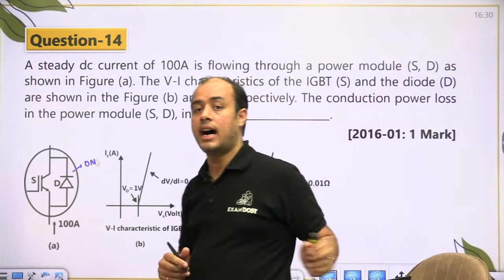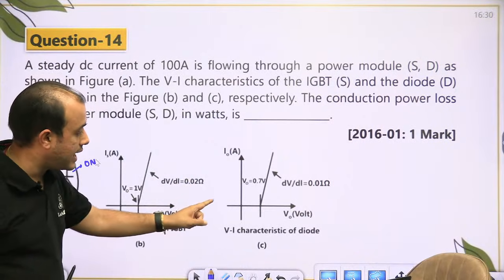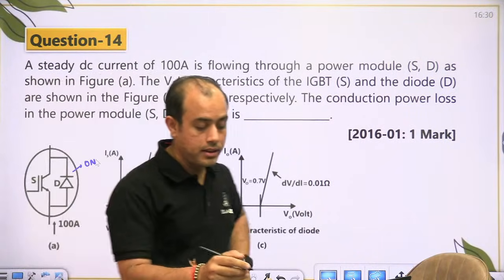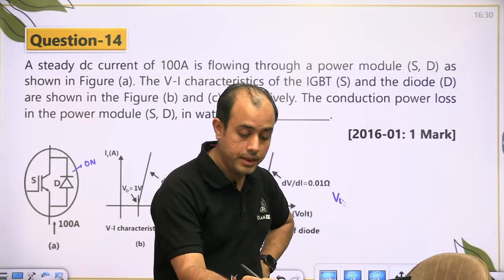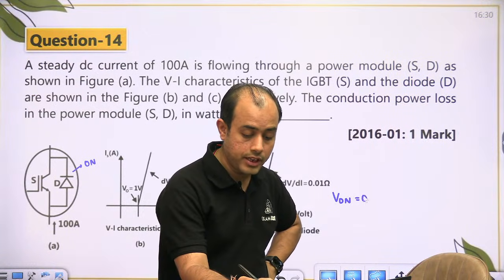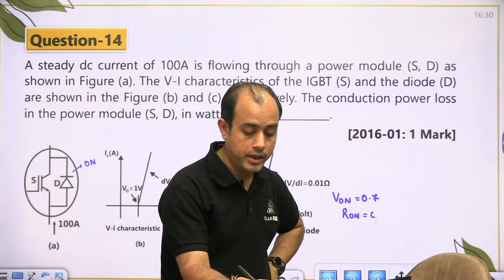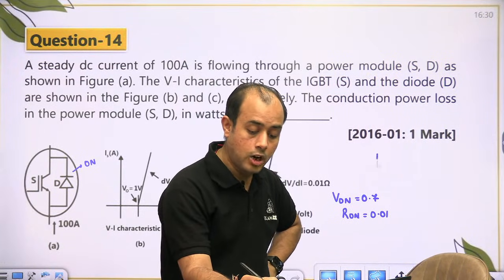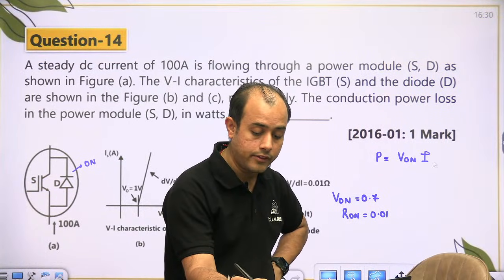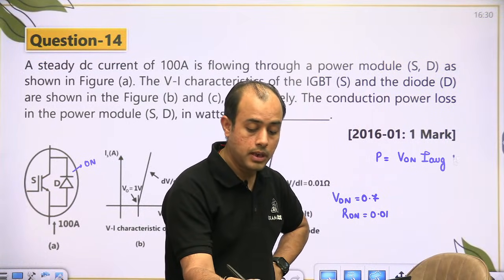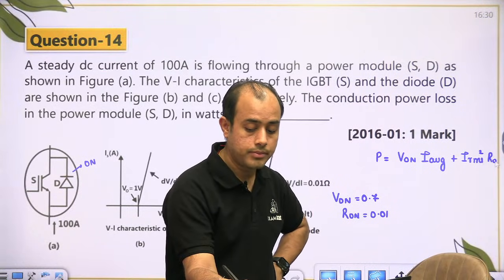And the second graph is the characteristic of diode. So here, based on the graph, V on is 0.7, R on is 0.01. Now power loss will be V on into I average plus IRMS square into R on.